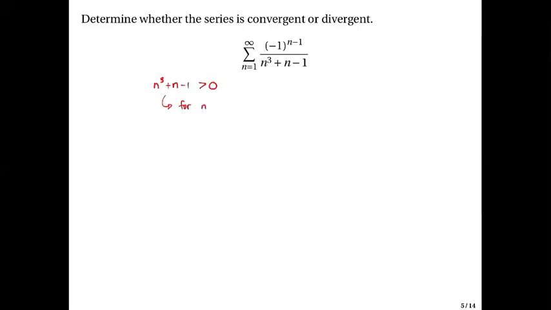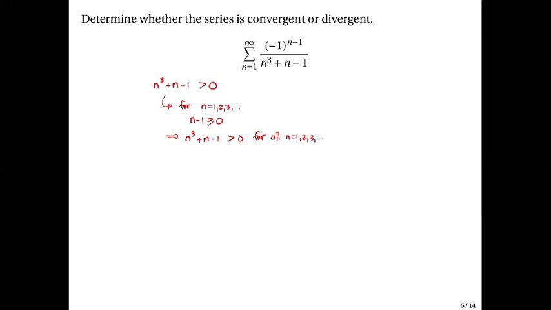For n equals 1, 2, 3, etc., your n minus 1 is greater than or equal to 0. When n equals 1, you have 0. When n equals 2, you have 2 minus 1, which is positive now. And of course, as you increase n, n minus 1 will be positive. So this means that your n cubed plus n minus 1 is greater than 0 for all n equals 1, 2, 3, etc.